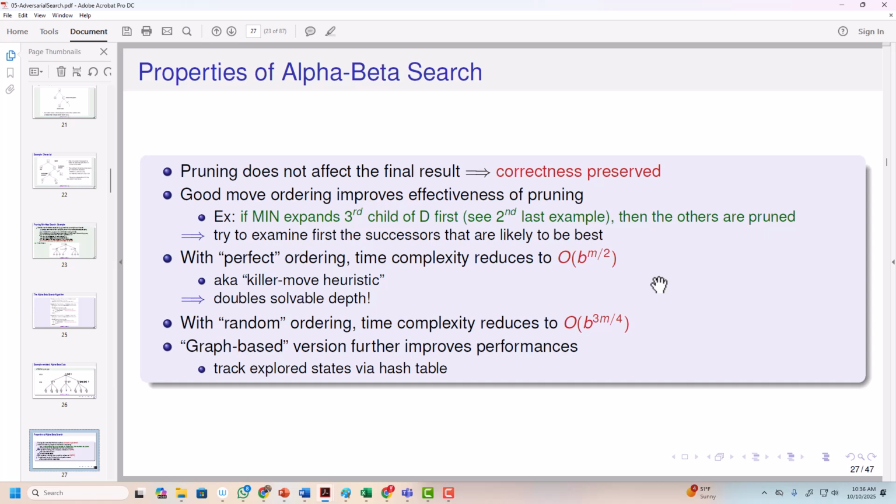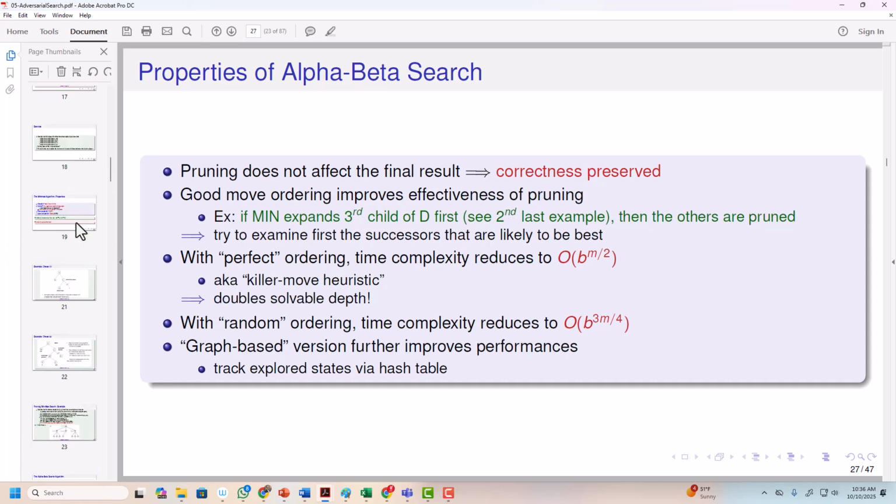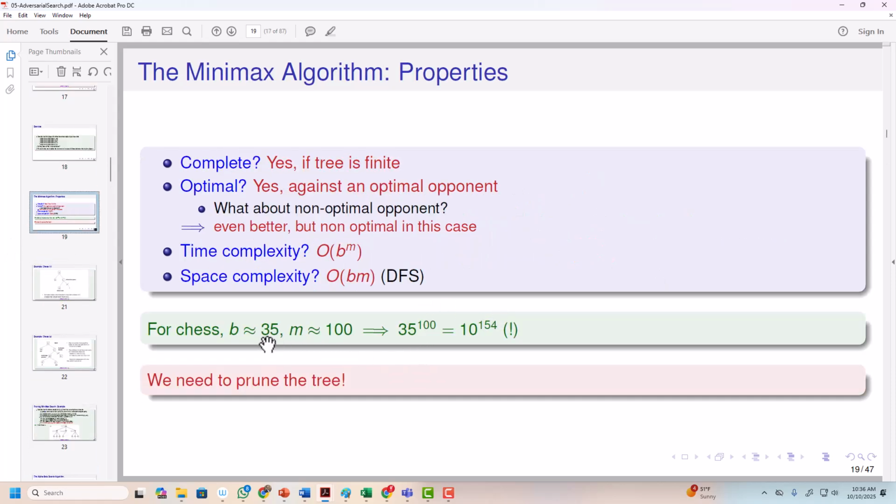Like if earlier there were, let's say, 36 to the power m, now this can be the square root of b to the power m. So that means, let's say this is 36, that will be 6 to the power 100 instead of 35 to the power 100. So that will be much less.